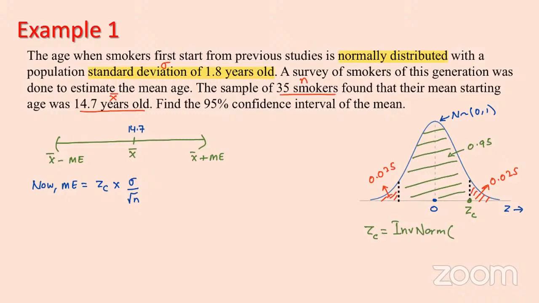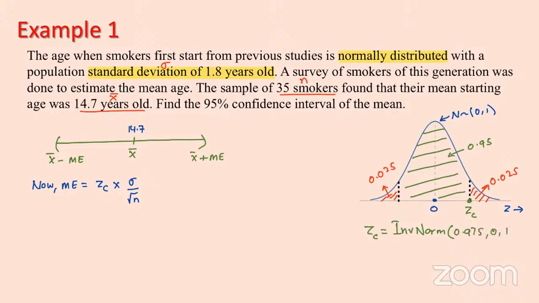Look at the board, everybody. We use inverse normal. Here we need the area, and that area must be the area to the left. Area on the right is 2.5%. That means area on the left is 97.5%, right? 95 plus 2.5, 97.5%. 0.975. That's what we write there.